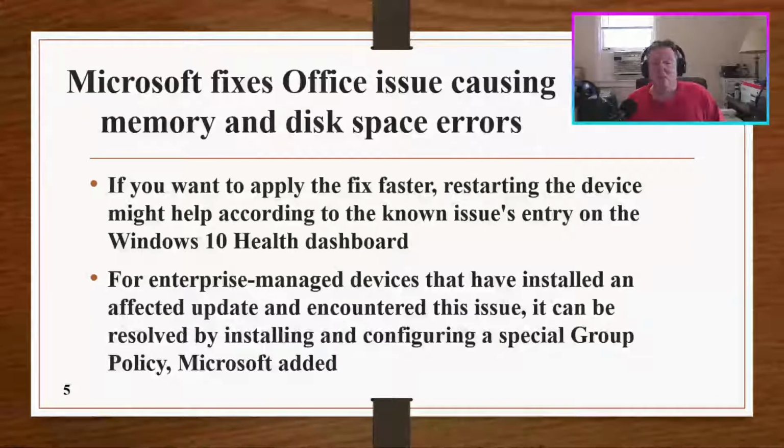If you want to apply the fix faster, restarting the device might help, according to the known issues entry on the Windows 10 Health dashboard. For enterprise managed devices that have installed an affected update and encounter this issue, it can be resolved by installing and configuring a special group policy Microsoft has added.